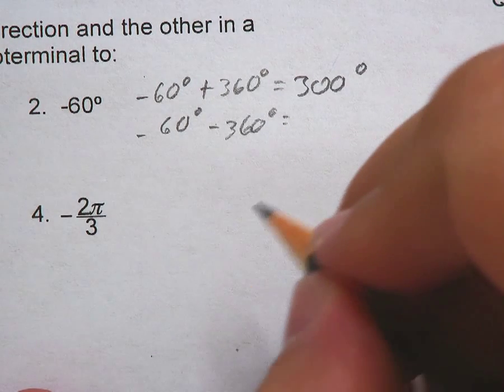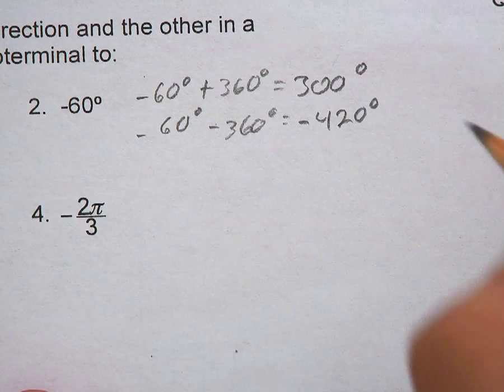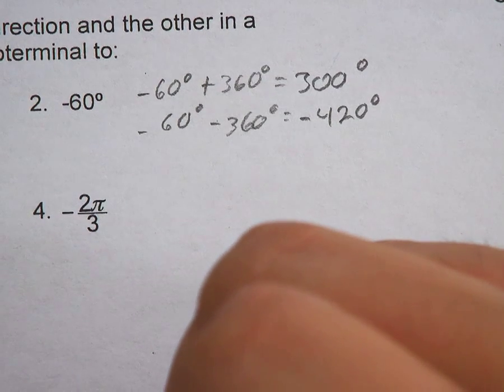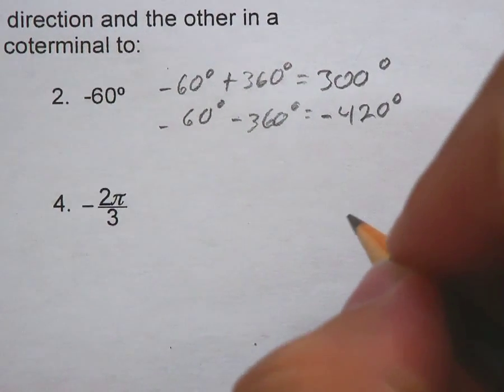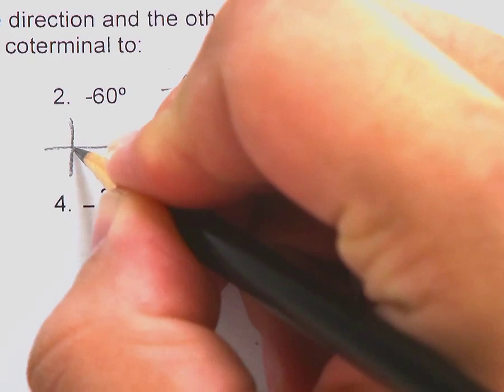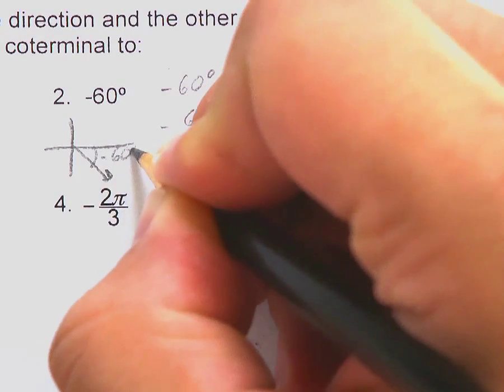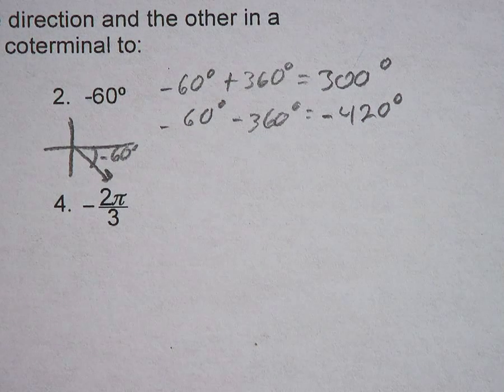Negative 60 minus 360 is negative 420 degrees. So we're not limited to just one rotation. If you think about the graph of negative 60 here, it's going to be down this direction. We learned that if you're in a negative, you're going a clockwise rotation.